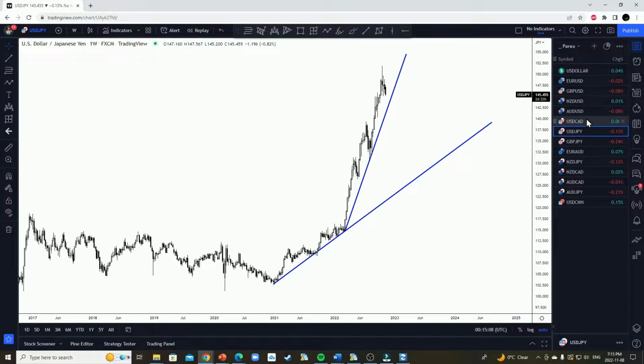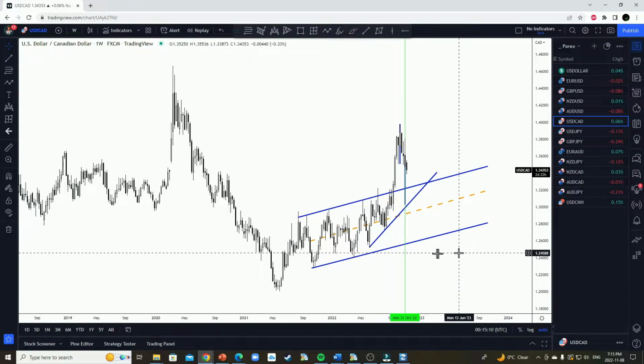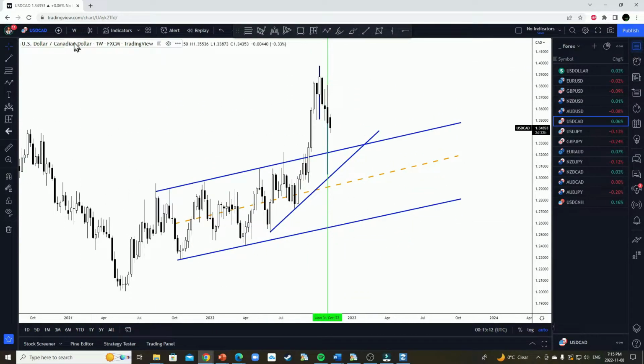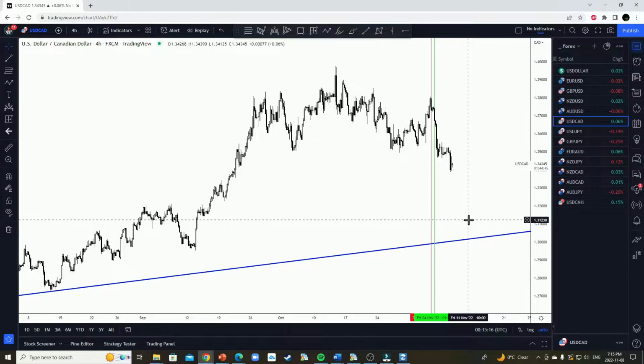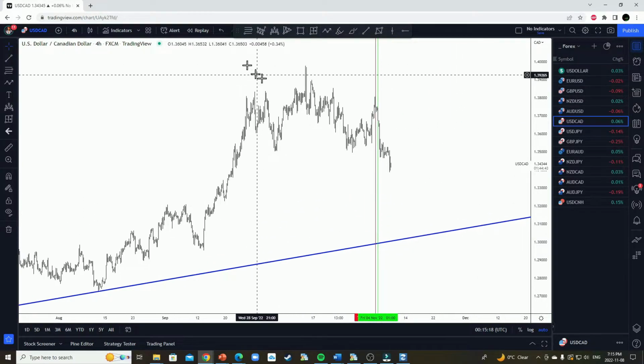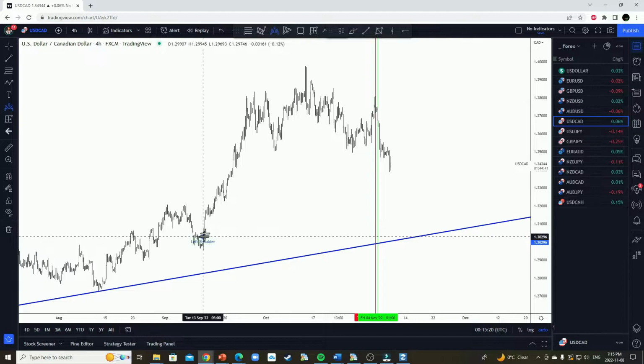But the other trade that I took is here. Let me go on a 4-hour chart. So what I'm seeing here is a head and shoulders pattern.